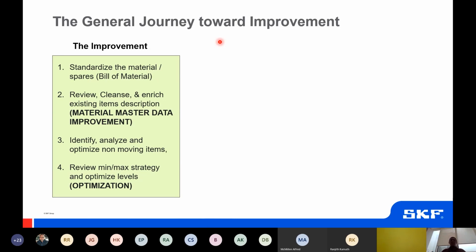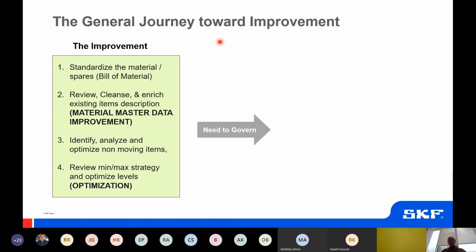If your organization would like a quick win, or low-hanging fruit, then by identifying and optimizing non-moving items, you may gain a lot of direct savings. And then probably you may come back to review the min-max strategy and optimize levels. So we are going to talk about a few steps that SKF would like to share, which might be considered in your organization.